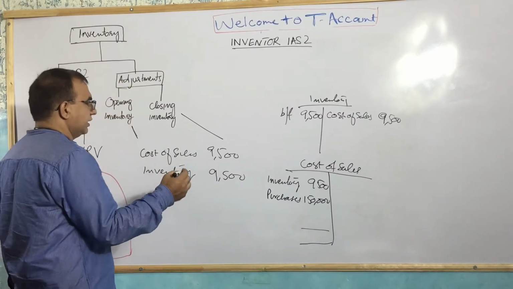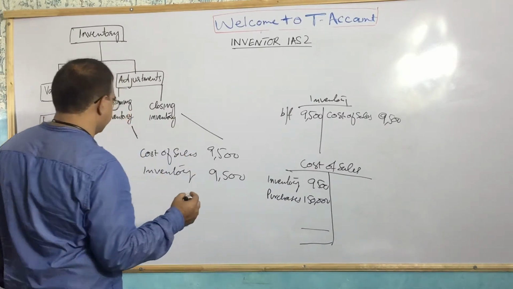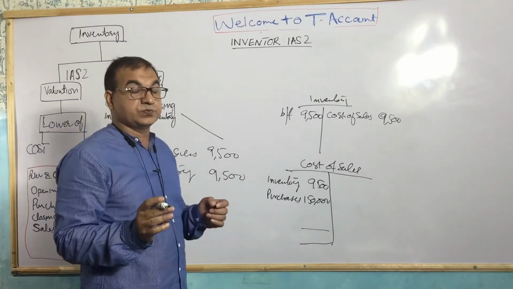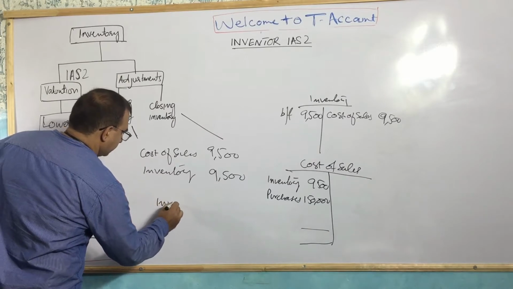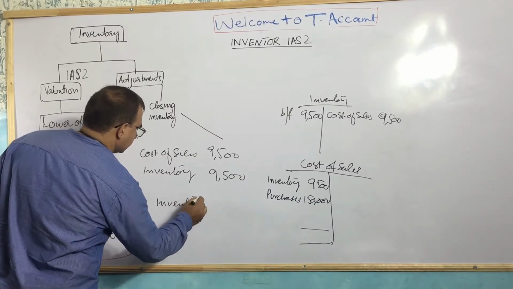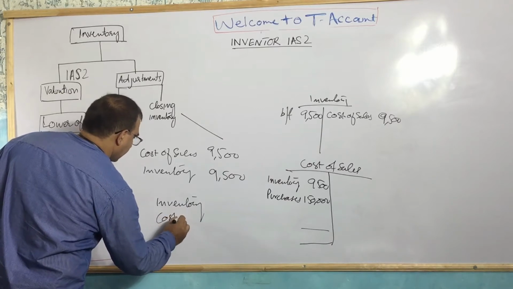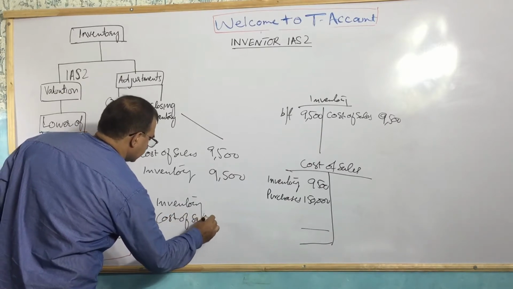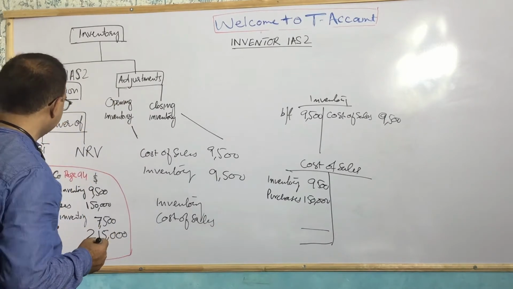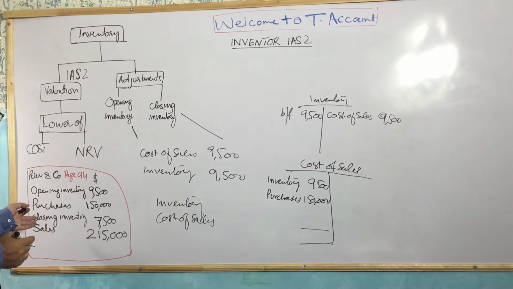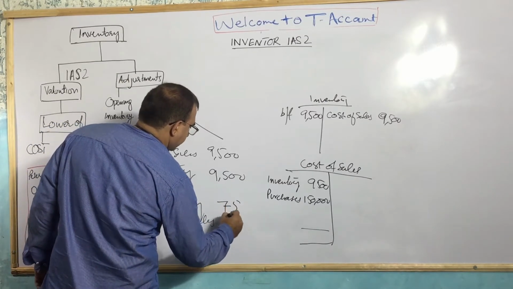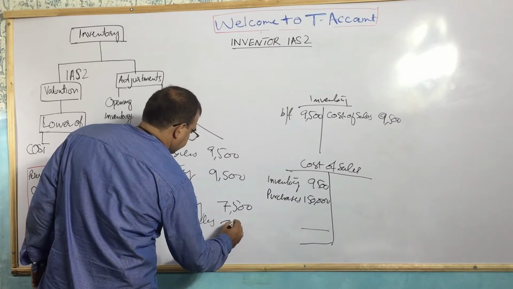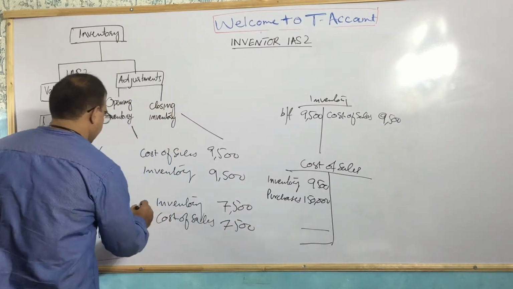Now at the year end you will calculate the final value of closing inventory and you will pass this entry: inventory to cost of sales. Thanks to this example, we have closing inventory here, we don't need to calculate, $7,500. Okay.